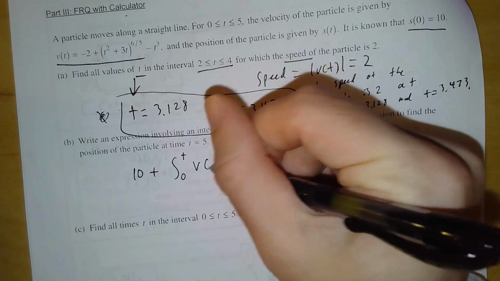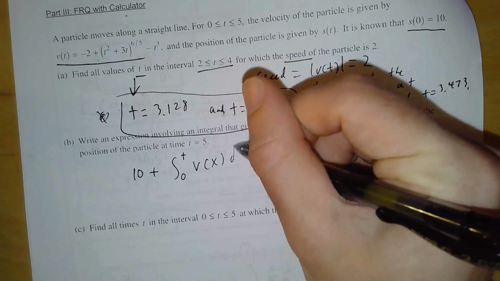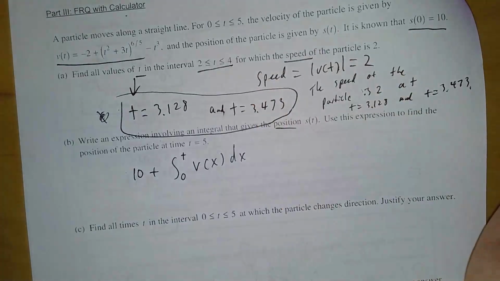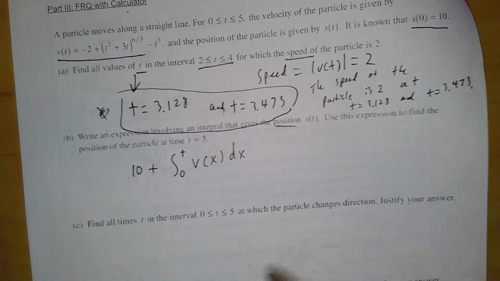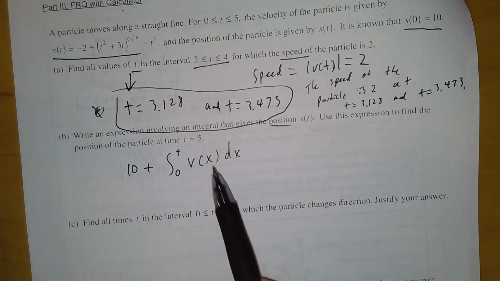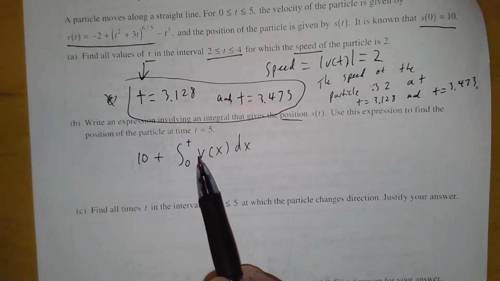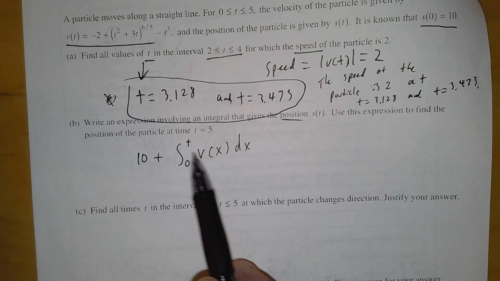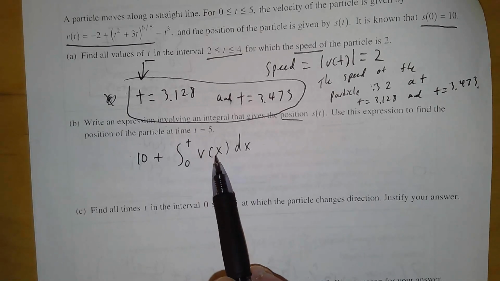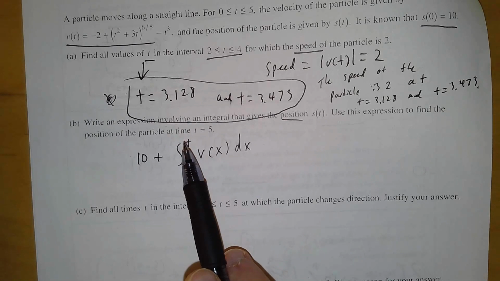v of x dx. Okay. You might be wondering, why is that t, and that's x now? Again, the t and the x are kind of arbitrary. The x is there so it doesn't match the t, if that makes sense.